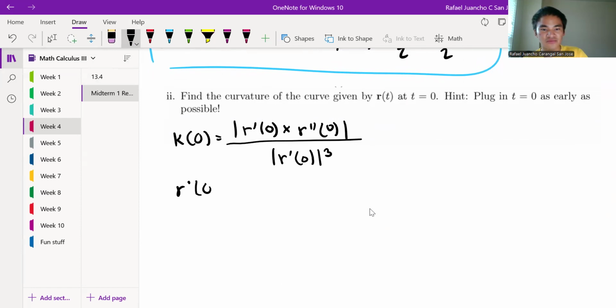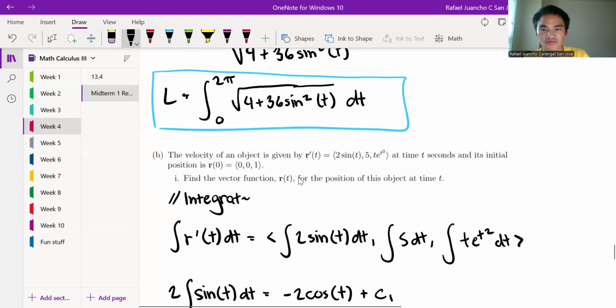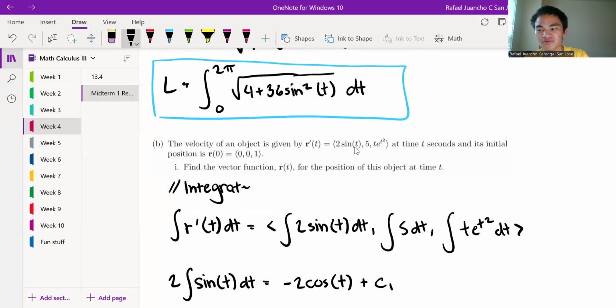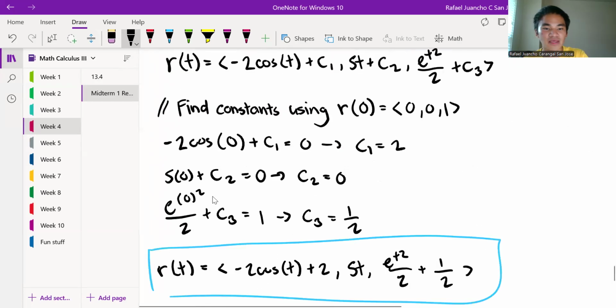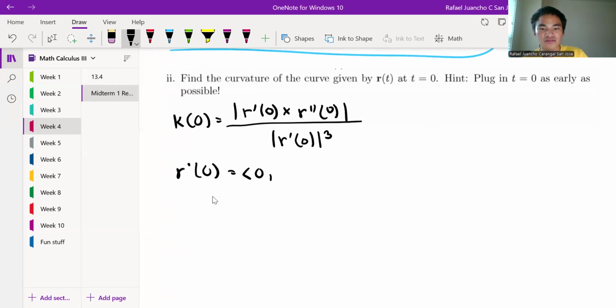Okay, now let's find r prime of 0. If we go back here, 2 sine of 0, that's 0, 5, 0. Sine of 0 is 0. So 0, 5, 0. Done.